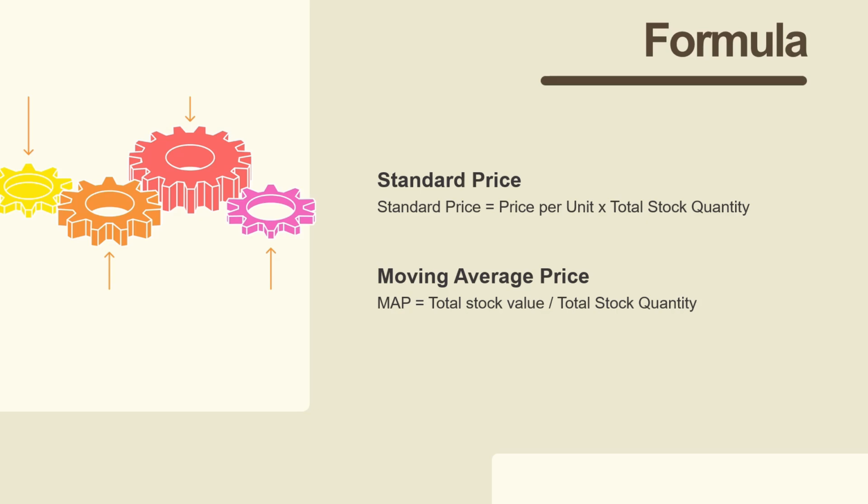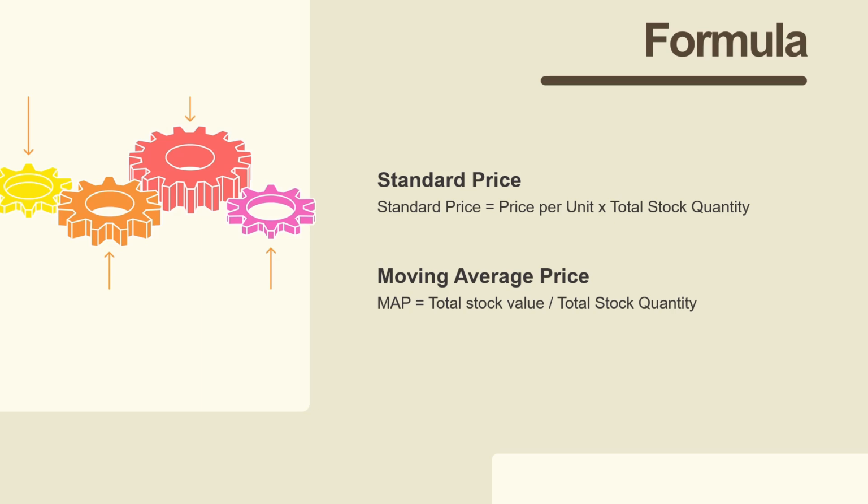For example, if you have purchased 10 units of a material at 100, then the total is 1000. And next time you purchase the same thing, 10 units at 200, which is 2000.